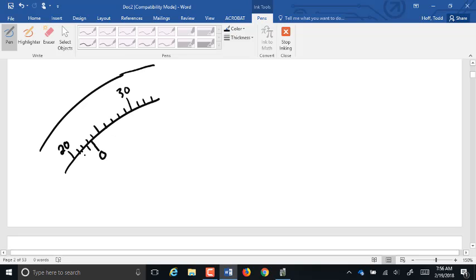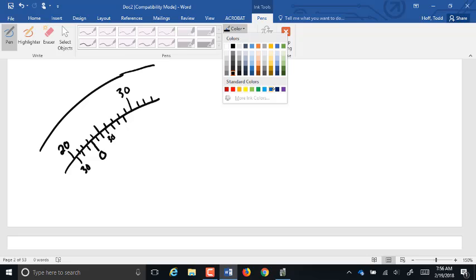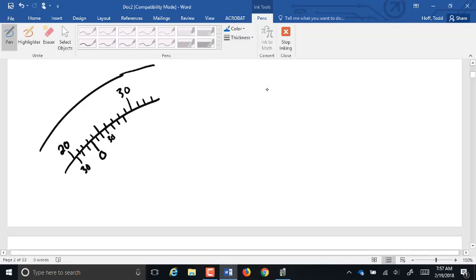So we can end up with something like this. I'm just going to label every third one here. So looking at this, where do I read the main scale?